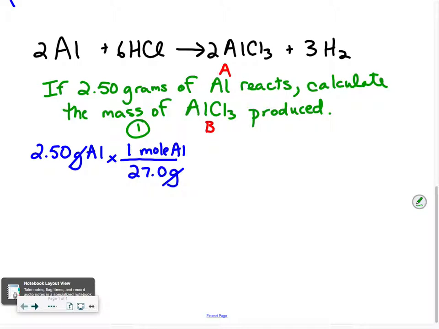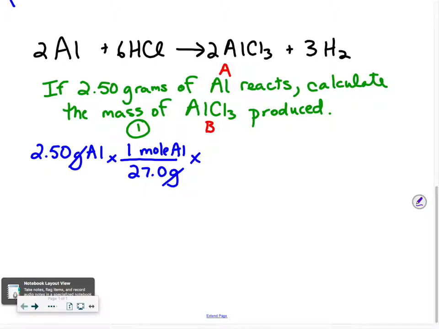All right, step 2 now is the mole ratio. And what substance needs to be on top of the mole ratio? Which one am I trying to get to? Well, I can't get to grams until I get to moles of the substance that I'm trying to get to. So right here I've gotten to moles of aluminum. And what's my next step? Sid?